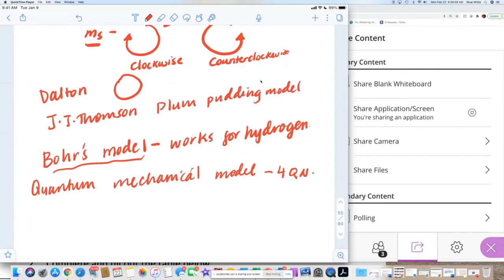And his model talks about the atom being round, and you have electrons dispersed throughout like plums in the plum pudding model.